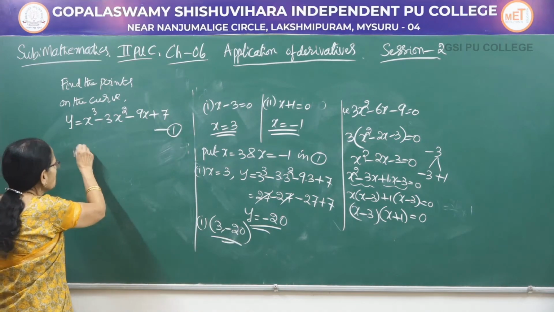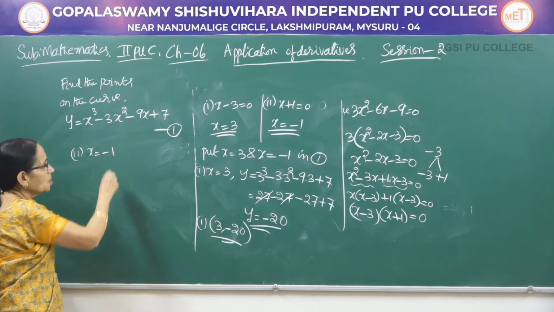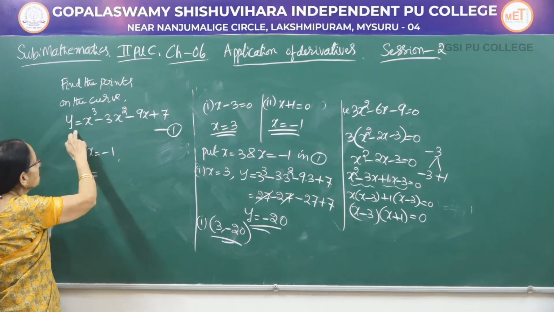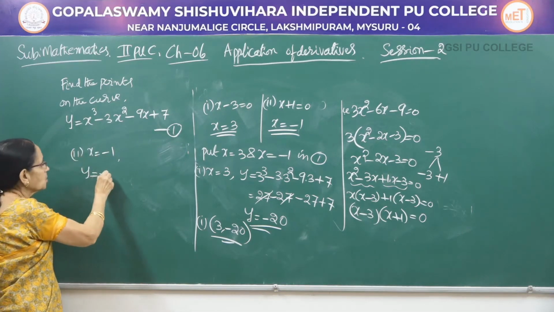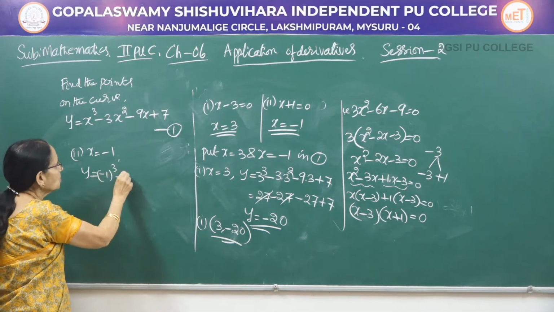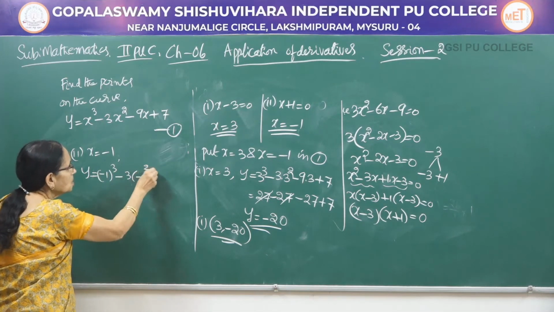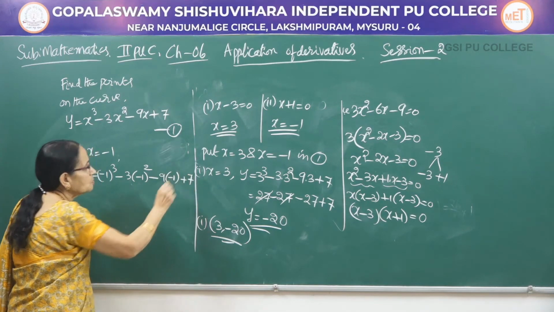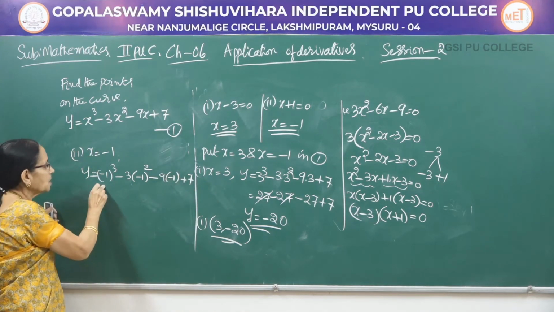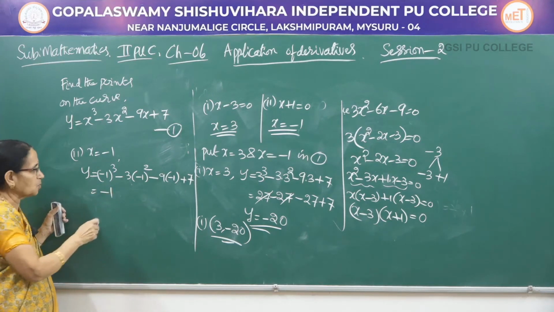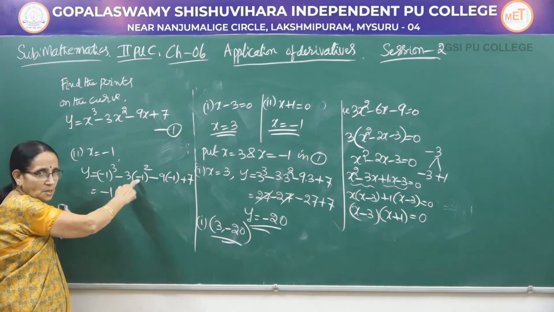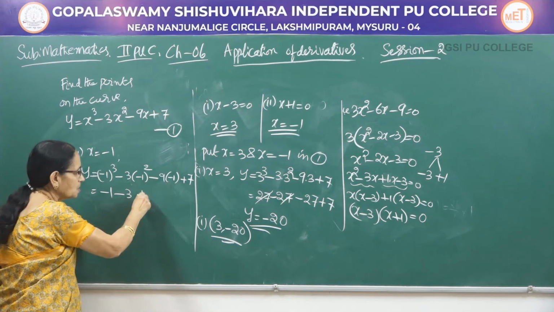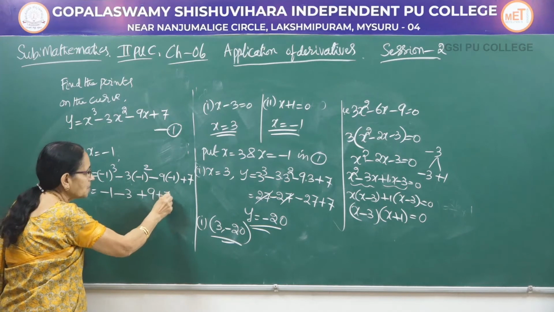Now, take the second one. Put x is equal to minus 1, the second value. What would be y here? y would be, wherever x is there, write the value: minus 1 the whole cube minus 3 into minus 1 the whole square minus 9 into minus 1 plus 7. Now, minus 1 whole cube is minus 1, minus 1 whole square is plus 1, plus 1 into 3 is minus 3, minus of minus 9 is plus 9, plus 7.